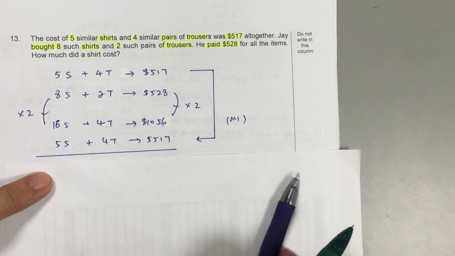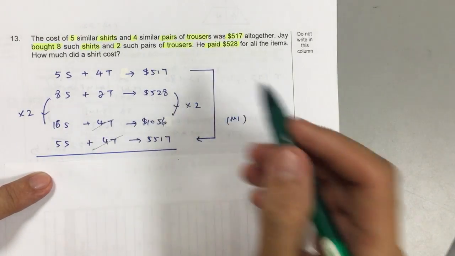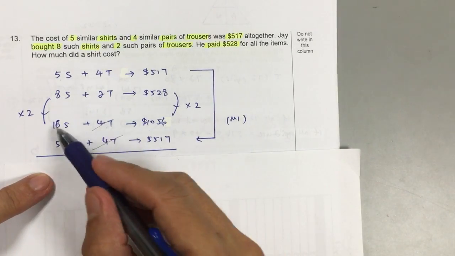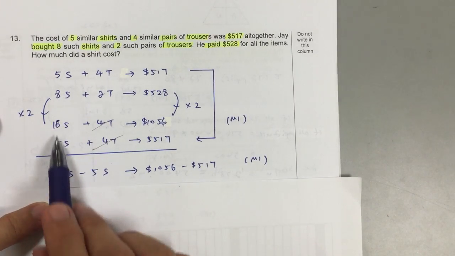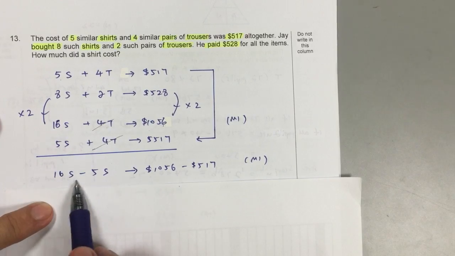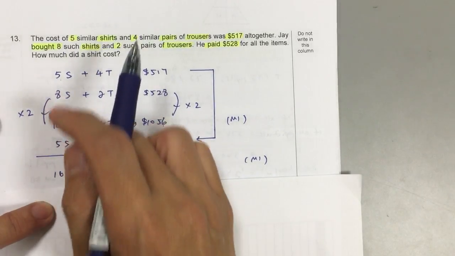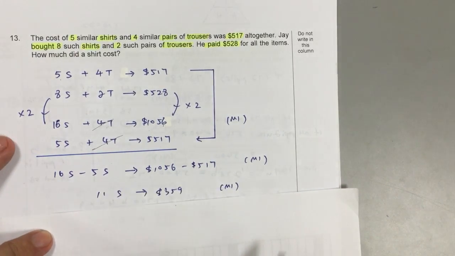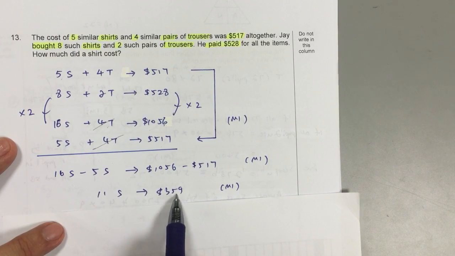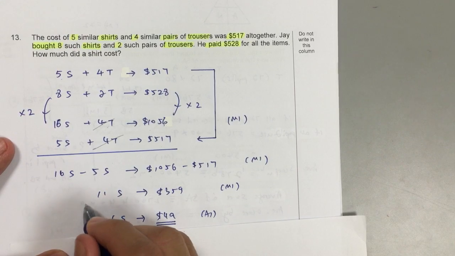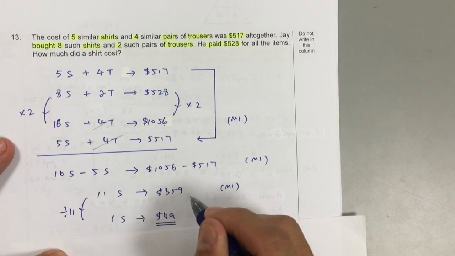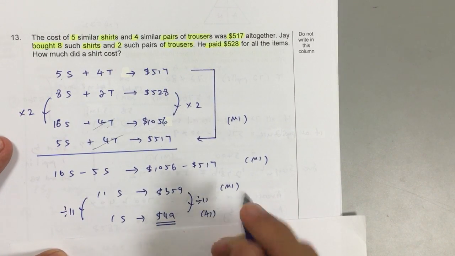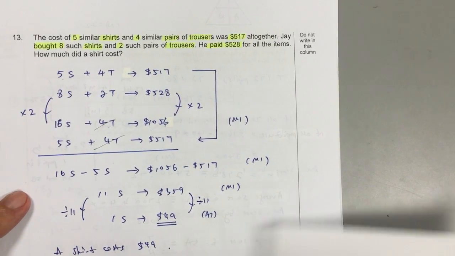Notice that I can minus away. If I minus away, I have 11 shirts, 16 shirts minus 5 shirts. If I minus this and this away, I have 1056 subtract 517. 11 shirts will give me 539. 1 shirt divide 11, I get $49. So a shirt costs $49.